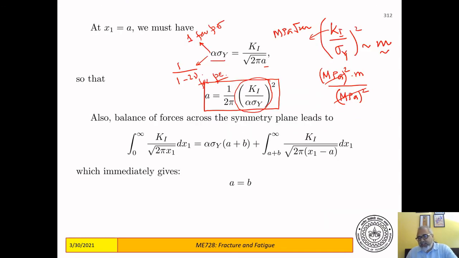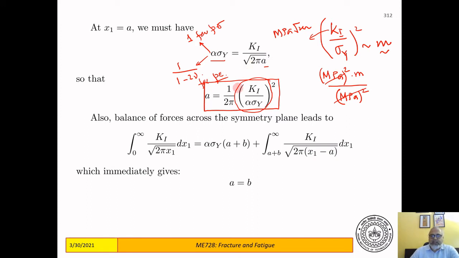So in small scale yielding, K1 by sigma y, or in other words, how large the applied stress intensity factor is in proportion to the yield stress of the material, this quantity squared, which has units of length, is going to give you an idea of how big the plastic zone size is going to be, whether small scale yielding assumptions are at all valid or not.